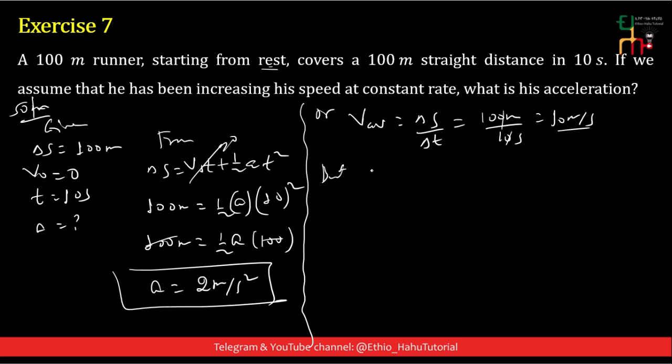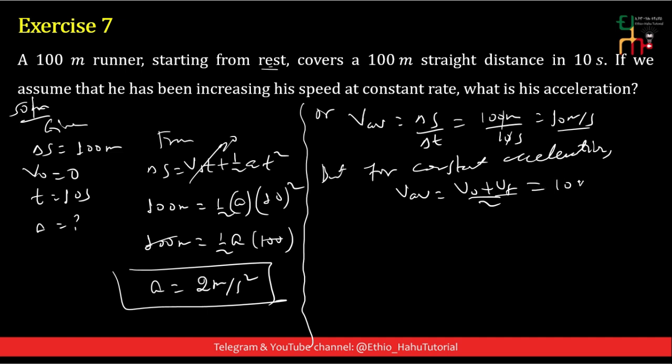But for constant acceleration, V average is equal to V initial plus V final divided by 2. V average is 10 meter per second and V initial is 0. This implies V final, multiplying both sides by 2, is 20 meter per second.